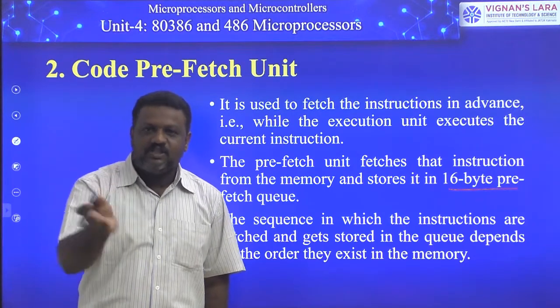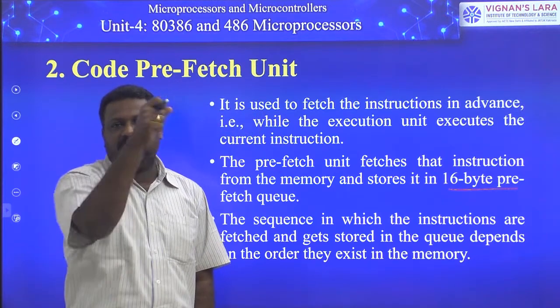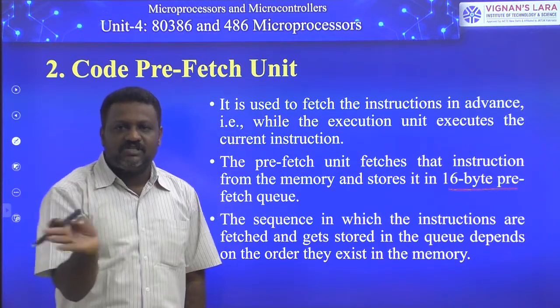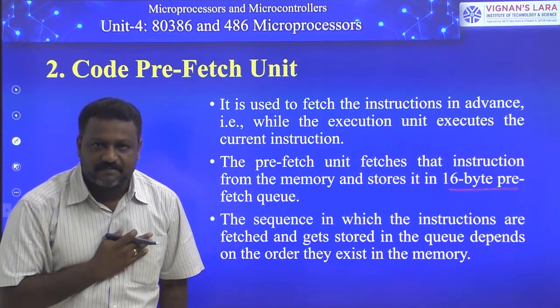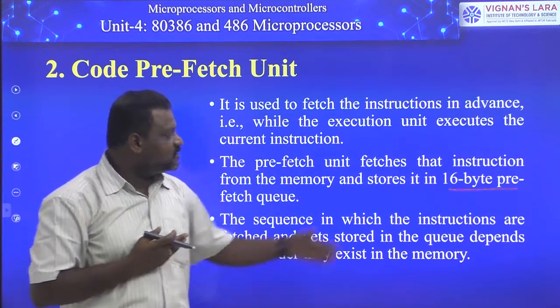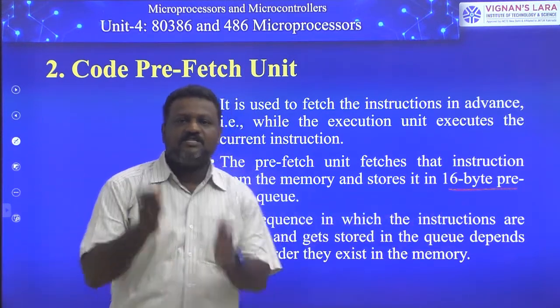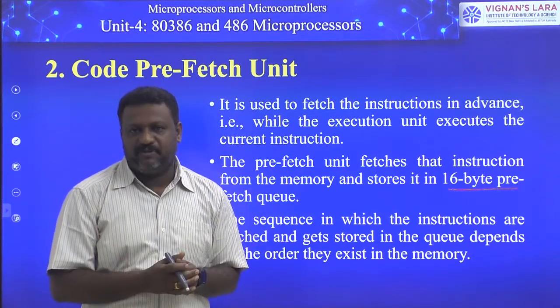The instructions your 8086 can execute at a time are fetched in advance from the memory and stored in that prefetch queue of only 6 bytes. But in this case, the queue size is increased to 16 bytes. That means I can store more instructions compared to the 8086 prefetch queue.